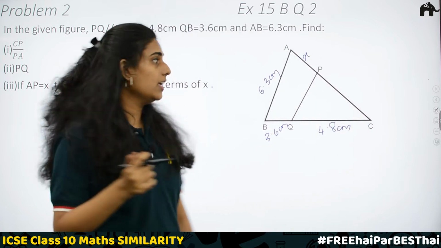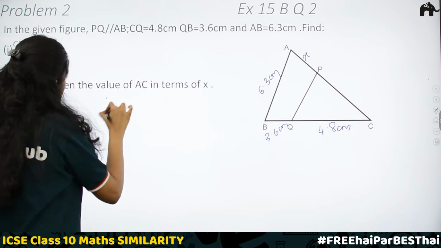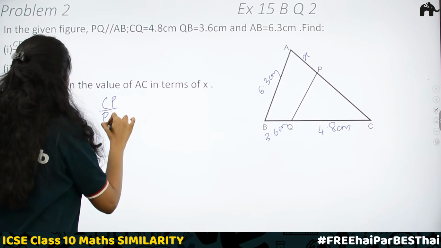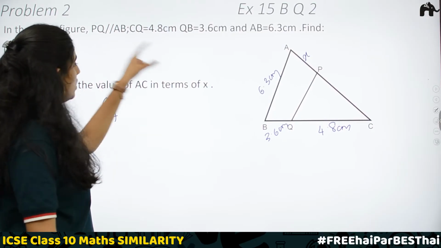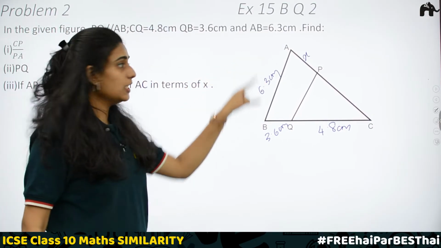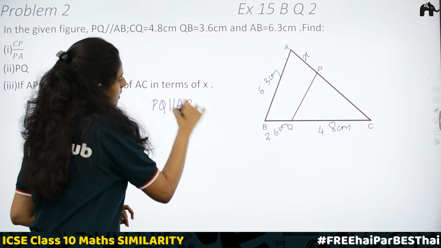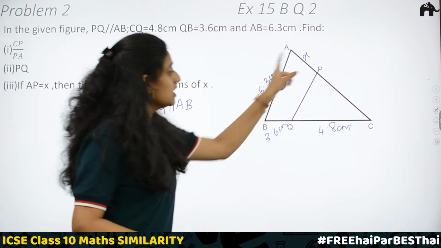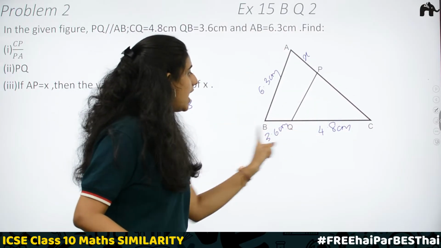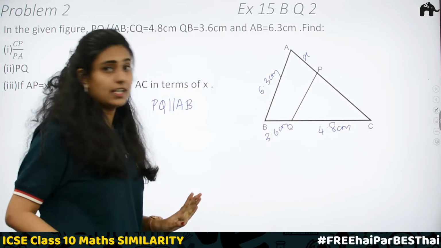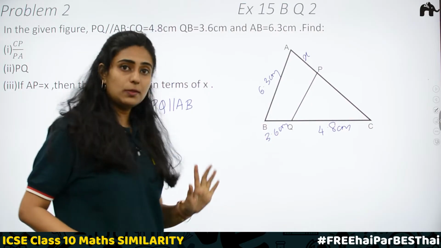So first let's find what CP by PA is. Given that PQ is parallel to AB, the ratio in which these two sides, AC and BC, are divided by P and Q will be the same.